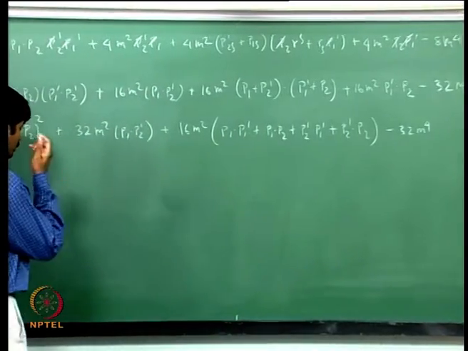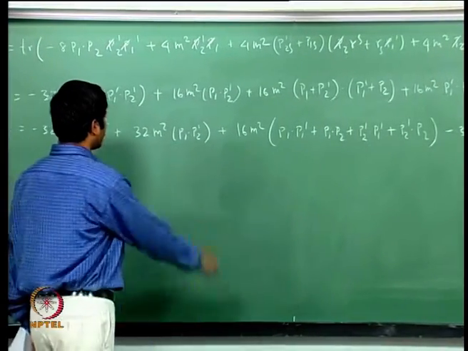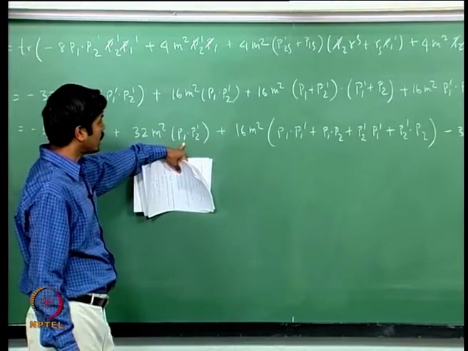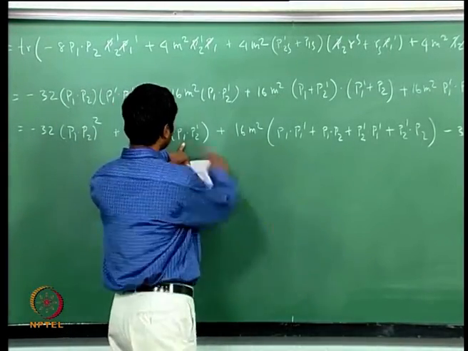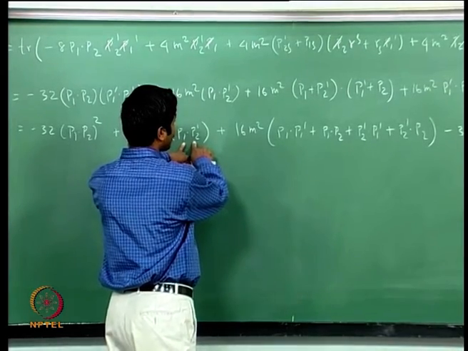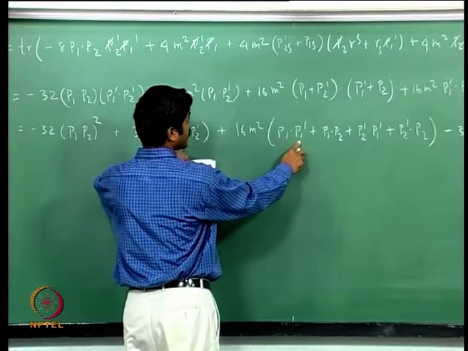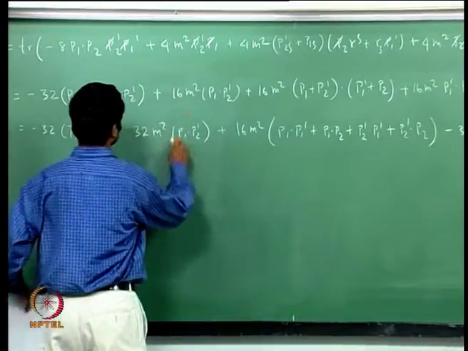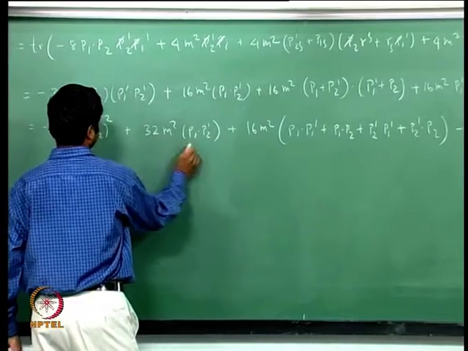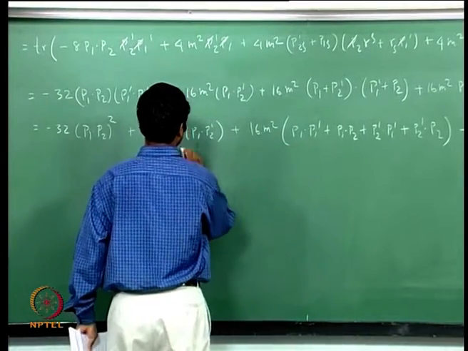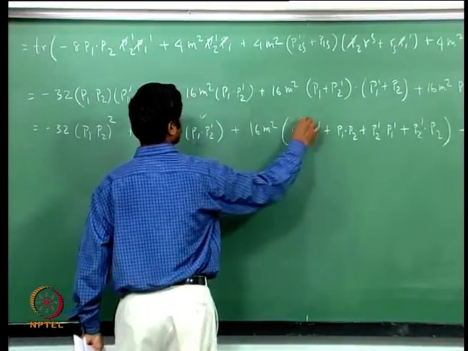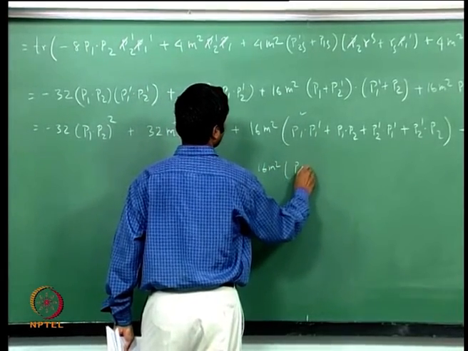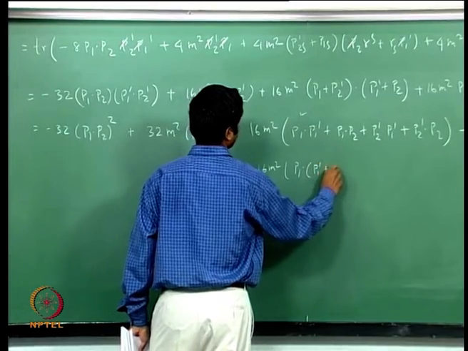Now, look at this, you can consider one of the terms here, and then you can combine it with, there is a p1 dot p2 prime, there is p1 dot p1 prime. Okay. So, half of this with this term will give me 16 m square p1 dot (p1 prime plus p2 prime).